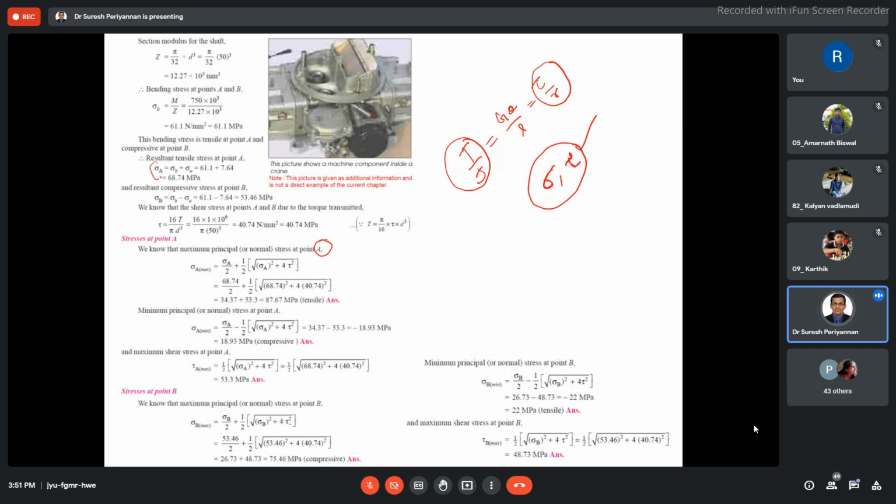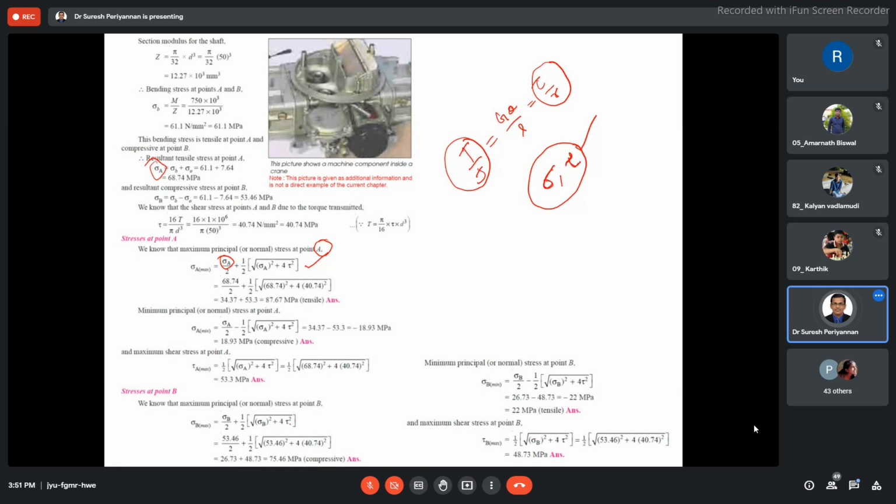Okay, we already found it at point A. This is a stress component. Now I'm using sigma X minus sigma Y. Sigma Y is not there, only I'm considering any one. Then sigma A divided by 2 plus 1 by 2 whole square root of sigma A squared plus 4 tau square. This is the maximum principal stress.